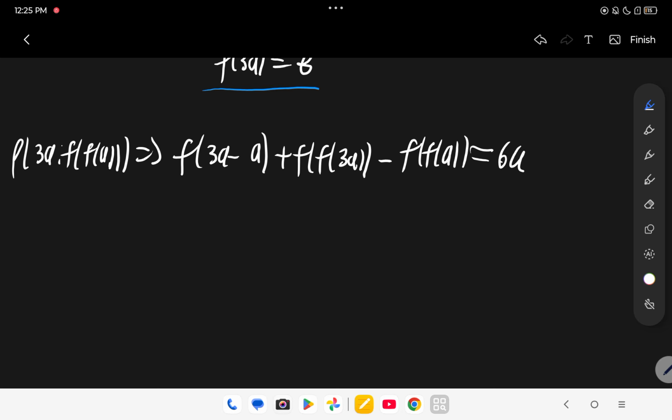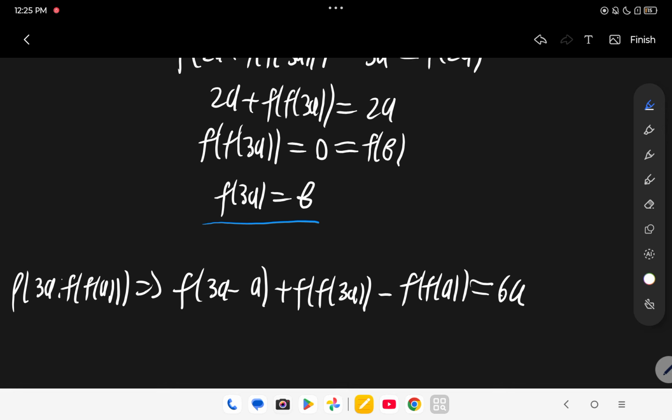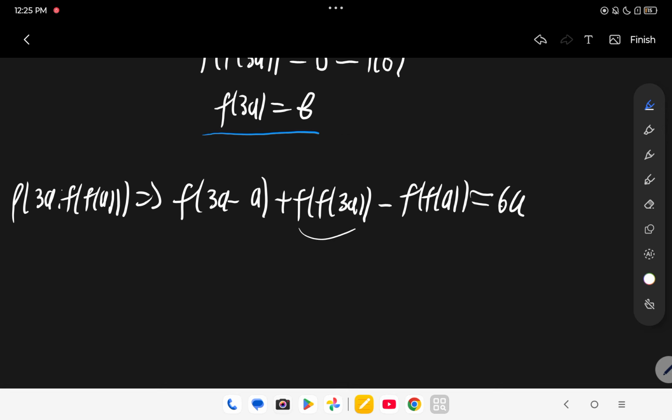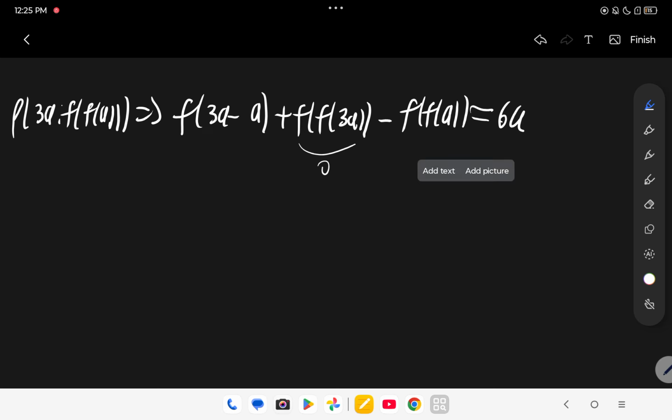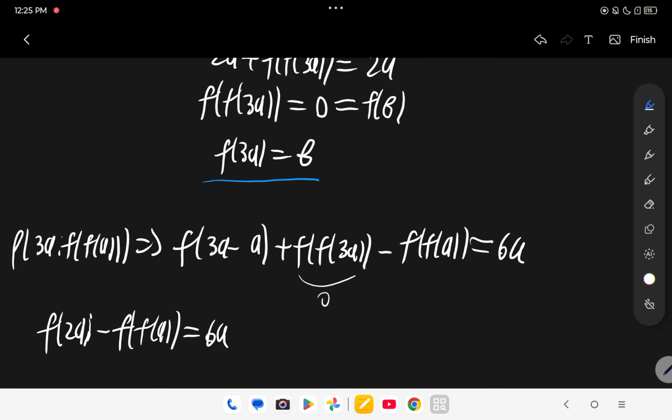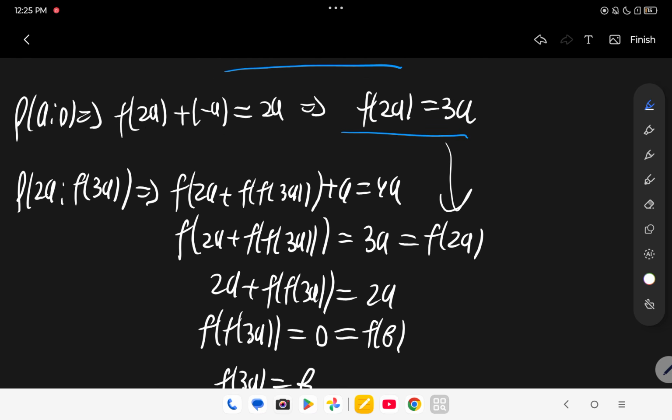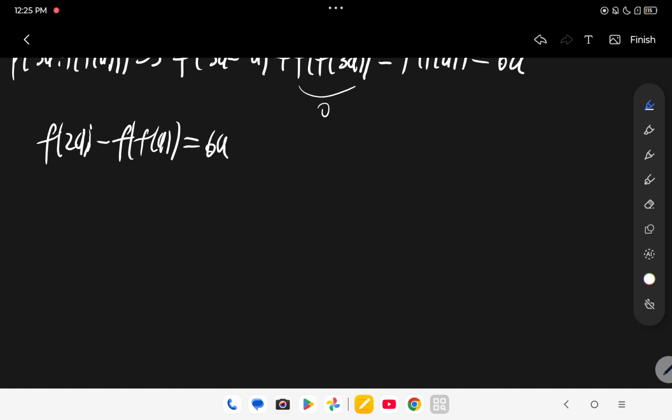And since f(3a) is b and f(f(3a)) is 0, we get that this is 0. So f(2a) minus f(f(a)) equals 6a. We also know that f(2a) is equal to 3a, so we get that f(f(a)) is equal to minus 3a.